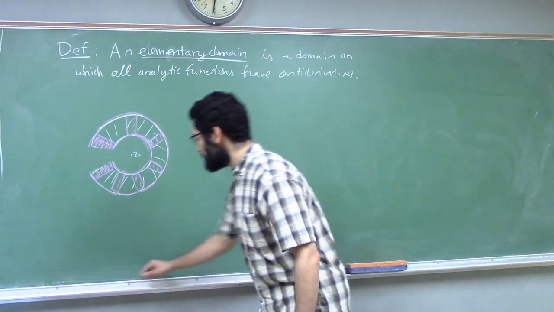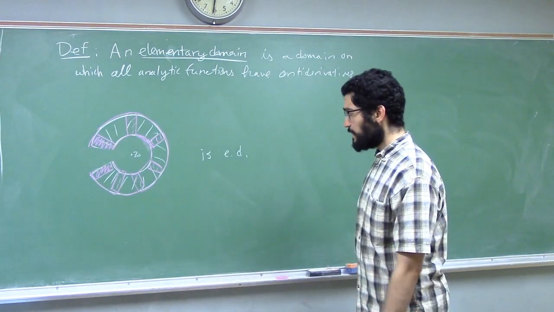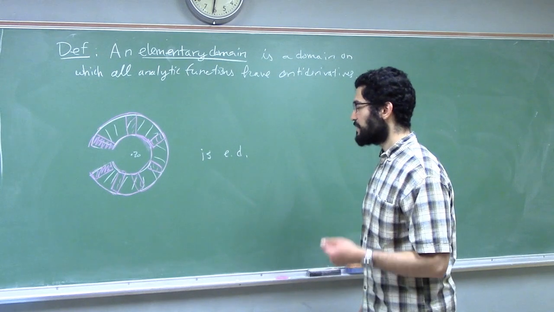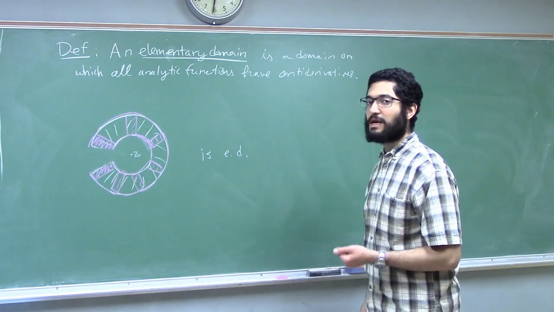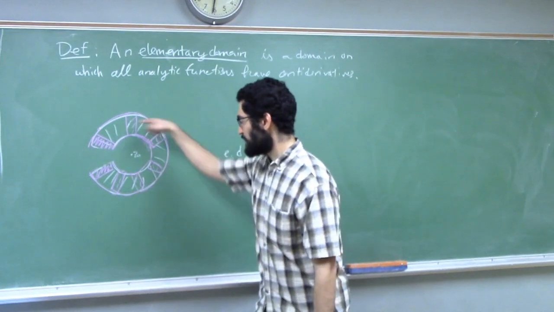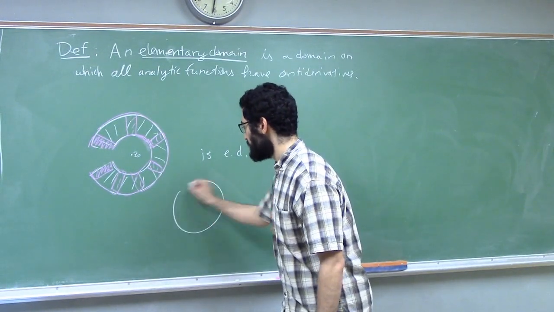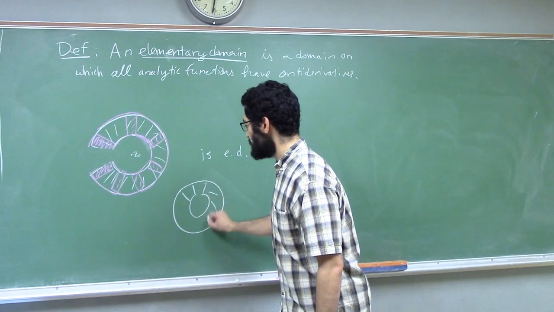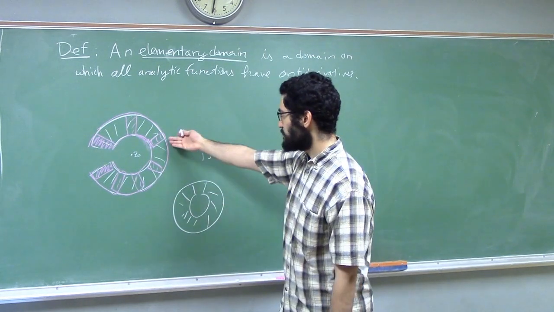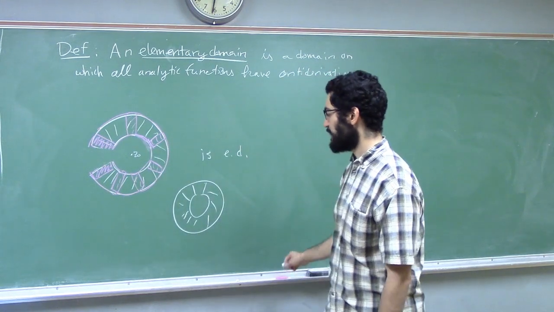So that means roughly subsets of the plane that do not have holes. So this is a subset of the plane that does not have holes, but if I take the annulus without the chunk removed, then there is a hole. So this is simply connected, this one is not simply connected.